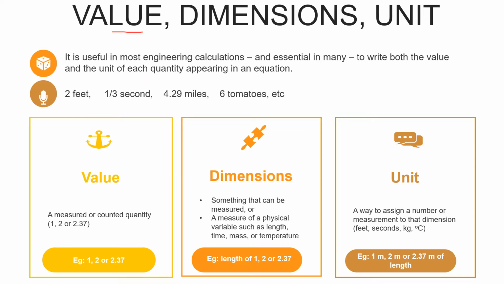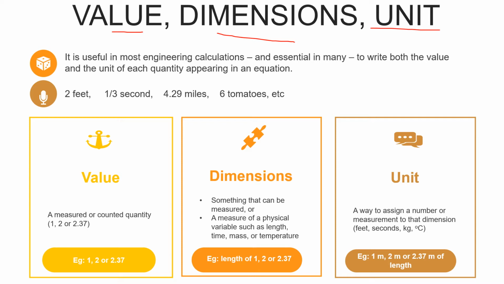Okay, next is about value, dimension and unit. So basically memang kalau awak belajar setiap subjek pun dalam chemical engineering, memang pengenalan awal-awal sekali first chapter mesti about the unit. Okay, unit is important as a chemical engineer. Okay, you will use a unit and the dimension and the value in all the courses.